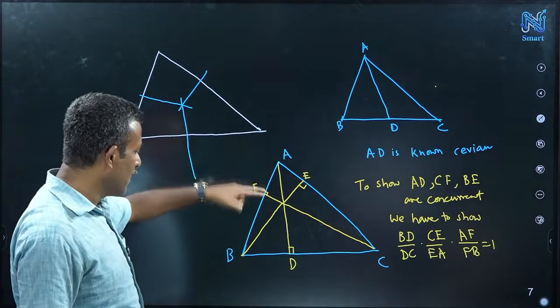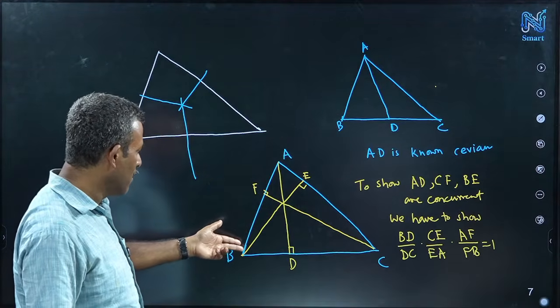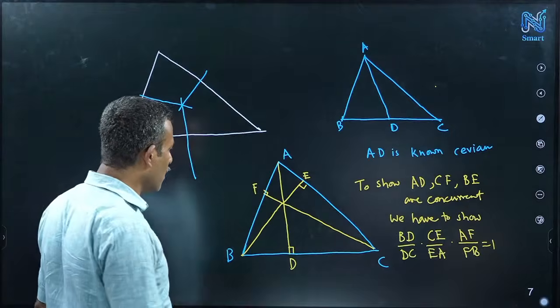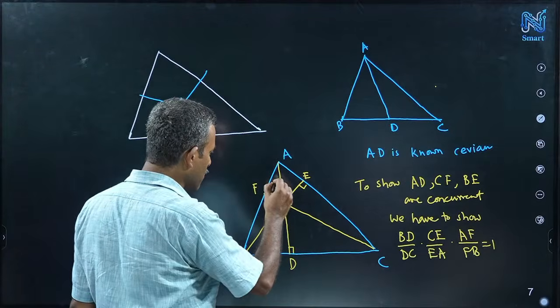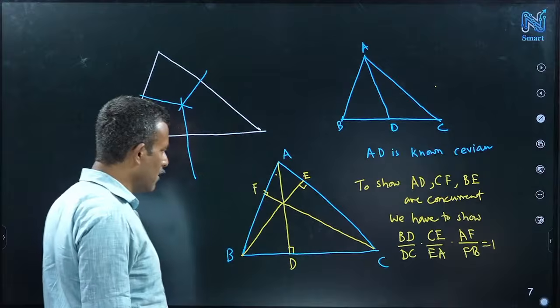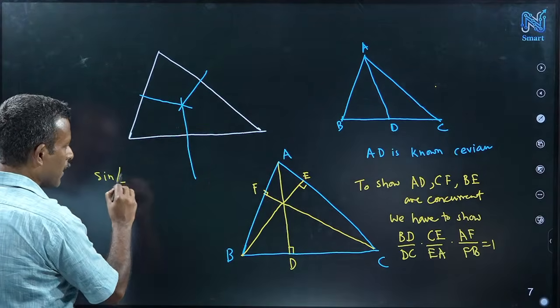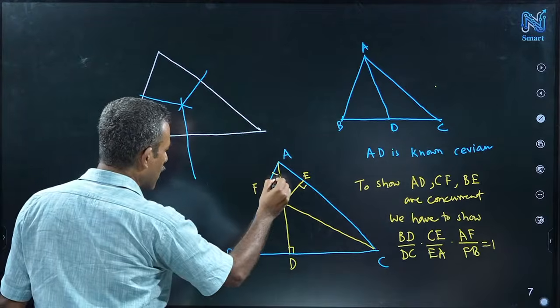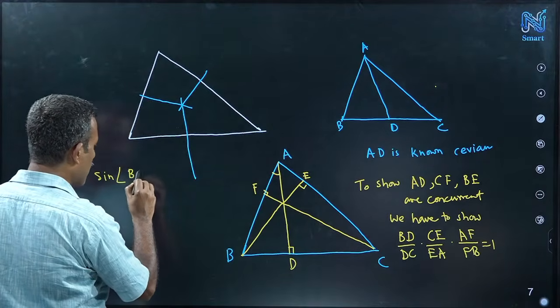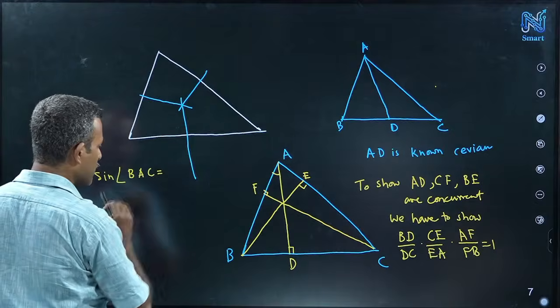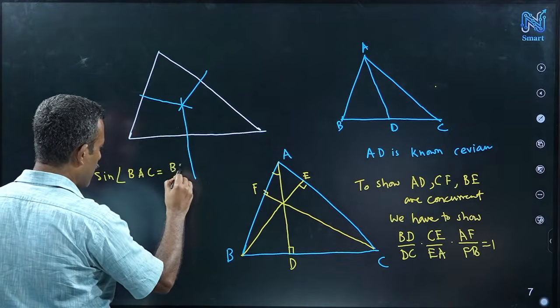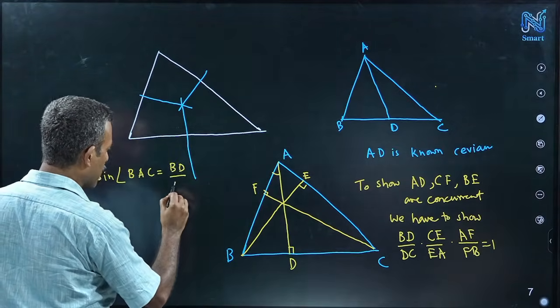Use this angle. So what is the sine of that angle? The sine of angle BAD is BD by AB.